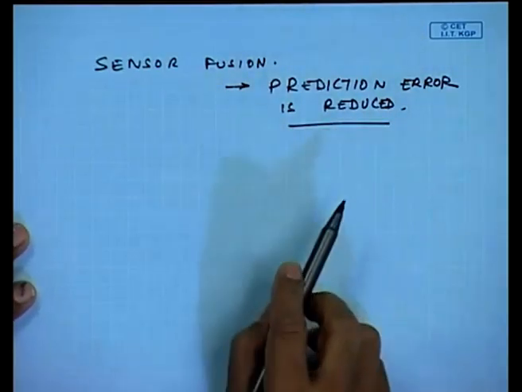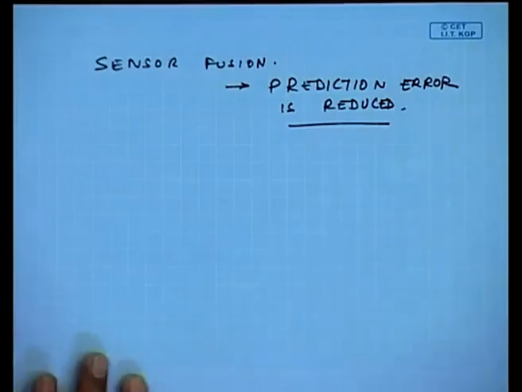Okay. So, in summary, to do fault detection, isolation and identification, two important strategies are used. One is the model based fault detection method, another is the data driven or signal based detection technology.